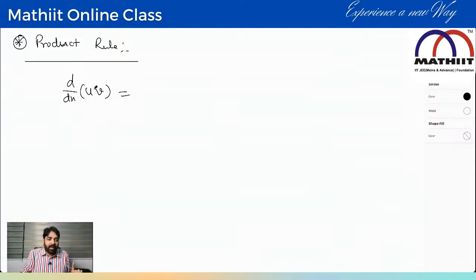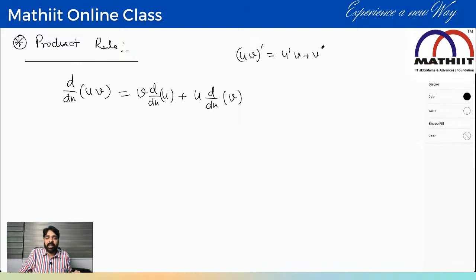Maybe u and v are both functions of x. But first I will assume v is constant. So v will come out, d by dx of u. Plus, now assume u is constant. U will come out, d by dx of v. Which in a very popular way we learn as u dash v plus v dash u. Have you understood this line?